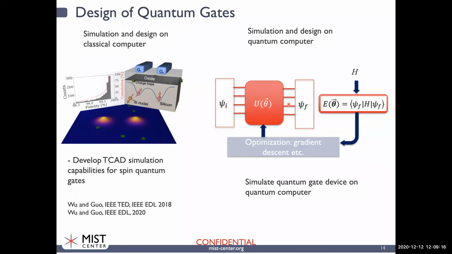So what we do is take advantage of optimization capability developed on classical computers and iteratively optimize the solutions, and couple it with a quantum computer to model and simulate quantum states.